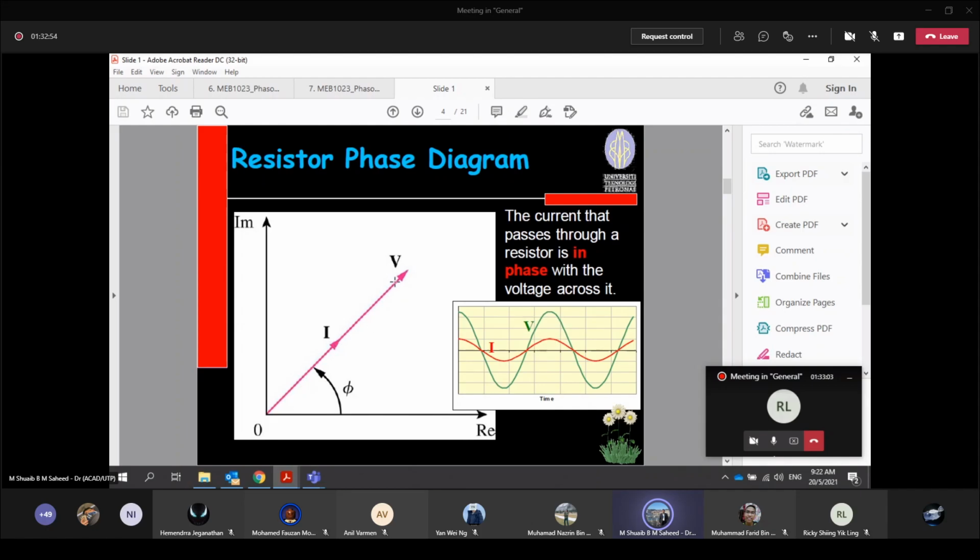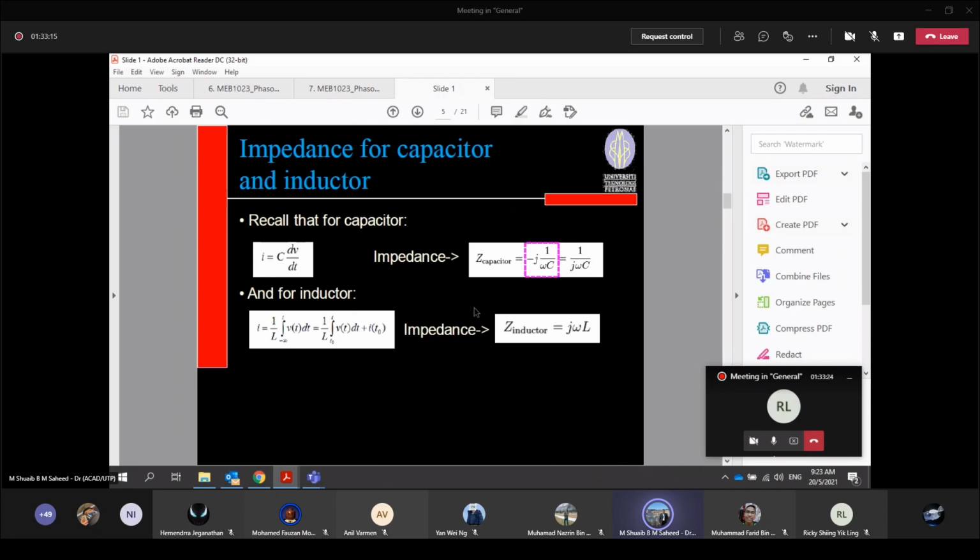At any points, they are in phase. You can draw the similar diagram in the second quadrant or the third quadrant or the fourth quadrant. They are always in phase. V and I, they overlap. Okay, we have done this.